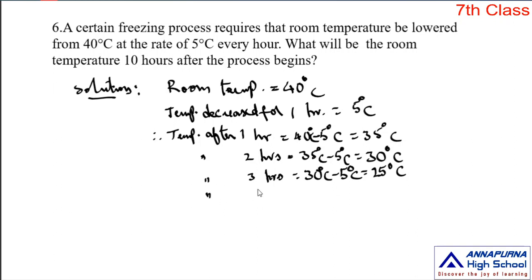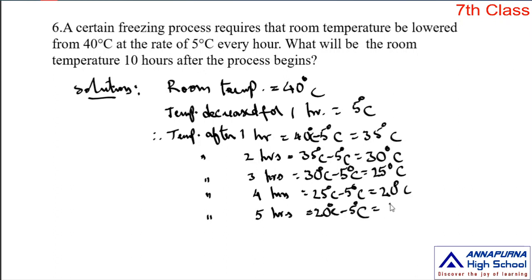Like that you find the temperature. So 25 degrees centigrade minus again 5 degrees is equal to 20 degrees centigrade, the temperature after 4 hours. Now the temperature after 5 hours is equal to 20 degrees centigrade minus 5 degrees centigrade, which is equal to 15 degrees centigrade.